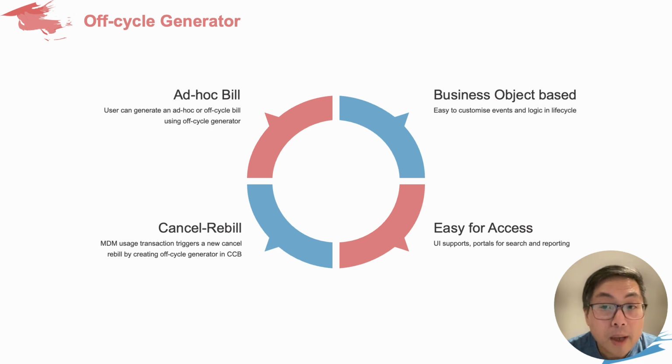The other feature is that it has UI support. It has the portal and zones for searching, reporting, etc. So it is quite different from the rest of the CCNB objects, which are maintenance based.